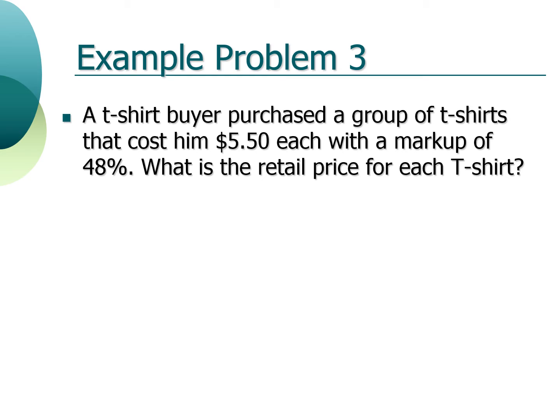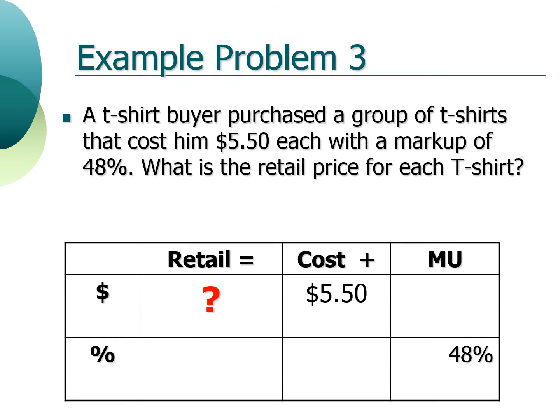Okay, so this is the case where we know the C and M, and we're supposed to figure out the R, retail. Let's try to plug in the given figures in this grid. We know the cost to be $5.50, so that will be the cost dollar sale. The markup is 48%, and that's the markup percent sale.